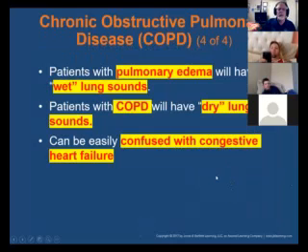Okay, patients with pulmonary edema, they're going to have wet lung sounds. Picture that heart failure that I talked about that causes fluid to back up into the lungs. Let's say the left ventricle isn't putting out as much as it's supposed to.